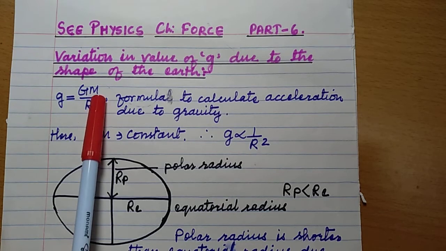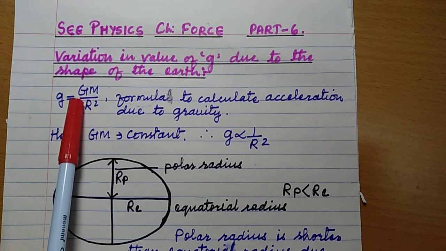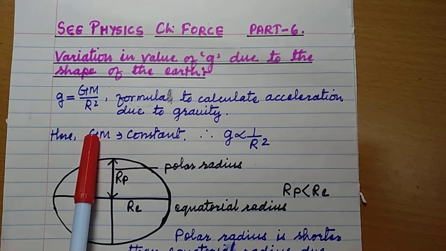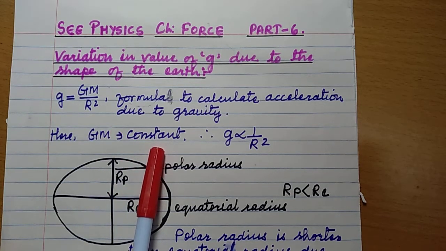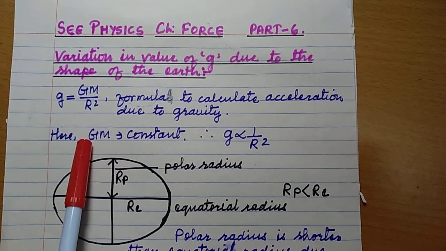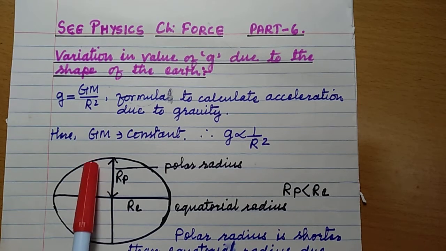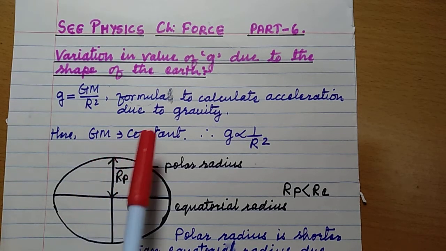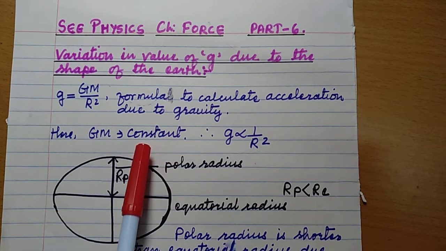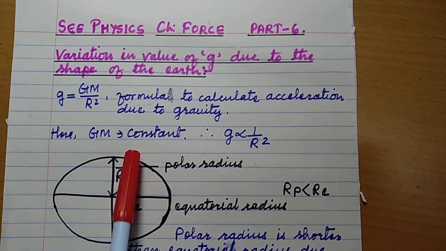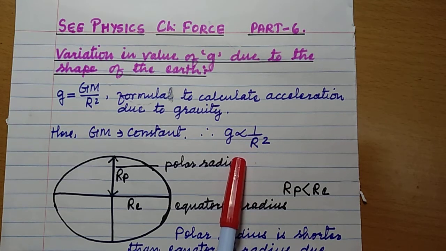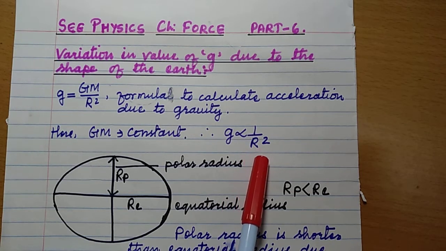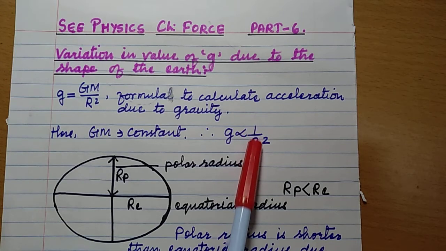Because G is the universal constant, and capital M, mass of the earth, is also a constant quantity. So these are constant, not changing. That means the only changing variable factor is the radius of the earth.